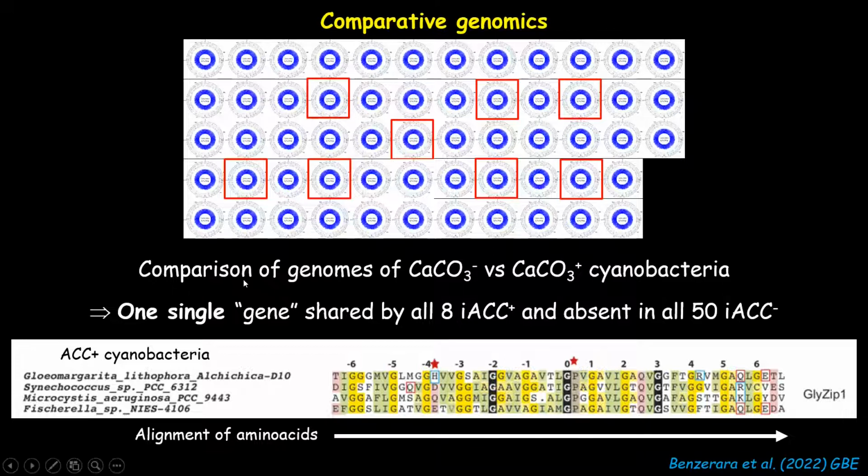The result of this study was that there was one single gene that was shared by all the 8 cyanobacteria forming intracellular carbonates, and that was absent from the other 50 cyanobacteria not forming intracellular carbonates. One gene. We'll discuss that later. So we align, not the nucleotides, but the amino acid sequence of this protein for different cyanobacteria forming intracellular carbonate.